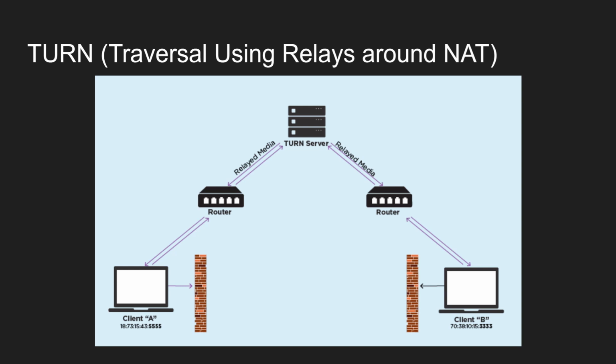So what we're going to do is we're going to buy a server out there in the cloud somewhere, and we're going to say, hey, client A over here, they're going to send their video and audio to the TURN server, and client B is going to send their audio and video to the TURN server. And when client B sends their video in, the TURN server replies with client A's video and vice versa. So the TURN server is basically just proxying both ways, and it's streaming all of the audio and video in both directions.